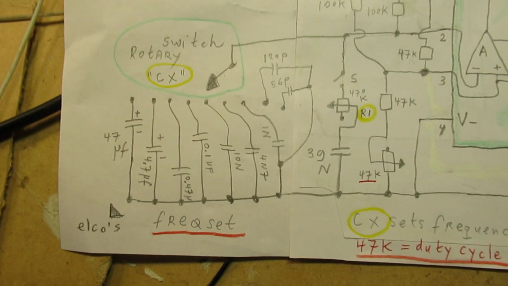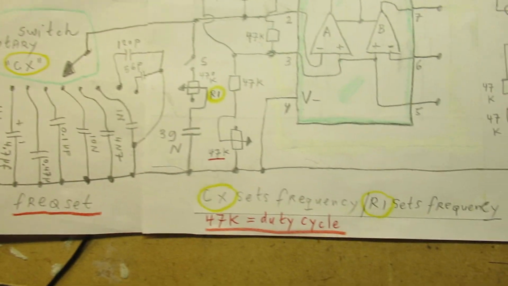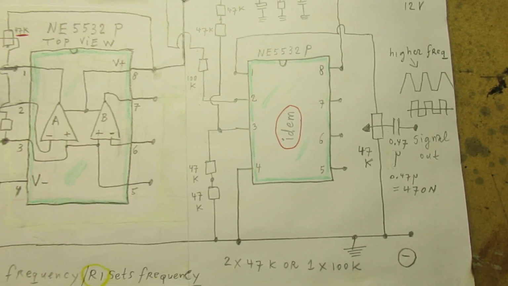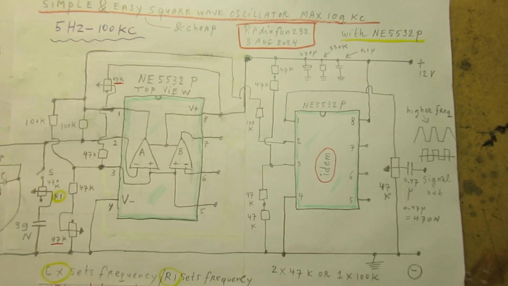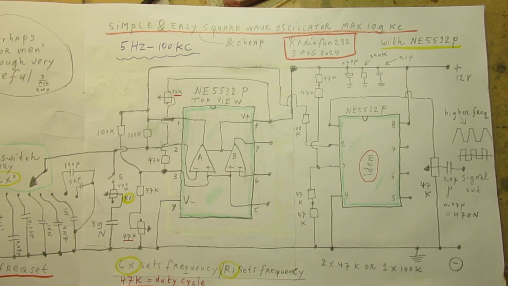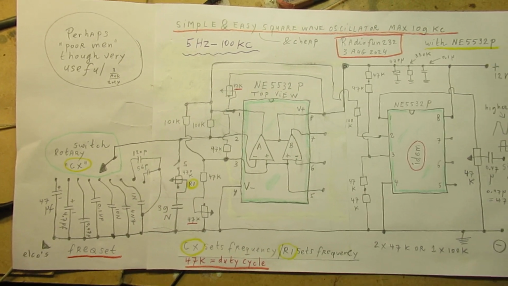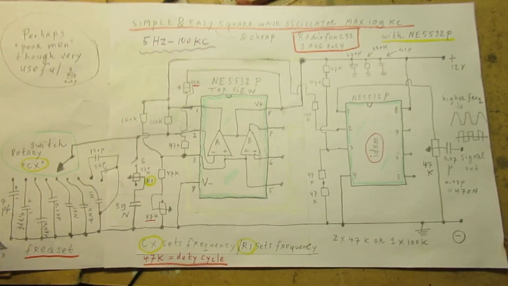There's not so much more to tell. I think I stop now. Wish you luck. These chips are the same. The whole oscillator is very simple, easy to make, and I think very useful for hobby circuits.